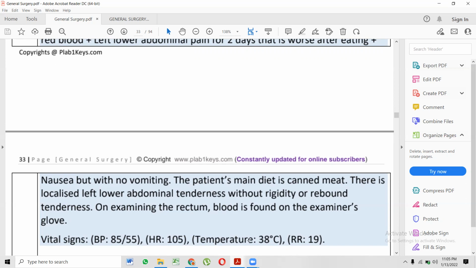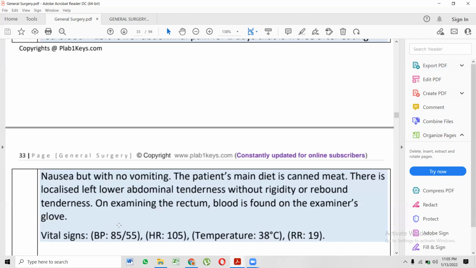Diverticulitis, because the patient has a temperature of 38 degrees centigrade, and also there is a massive bleed, so the patient is going into hypovolemic shock. So what will be the management of this patient? IV fluids. Yes, that's right. Admit the patient for further management with IV fluids and later blood transfusion.